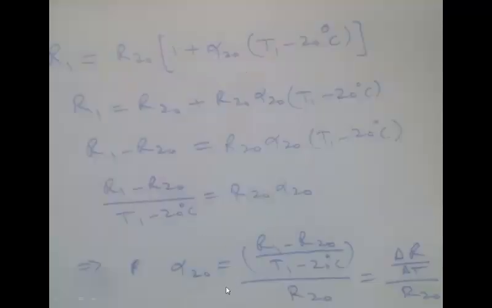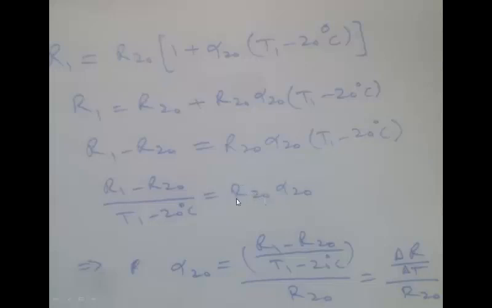So this relationship for alpha 20 can be derived from the relationship that we have already seen. From here R20 is shifted to the left side, so after rearranging, alpha can be written as (R1 minus R20) over (T1 minus T20), over R20.